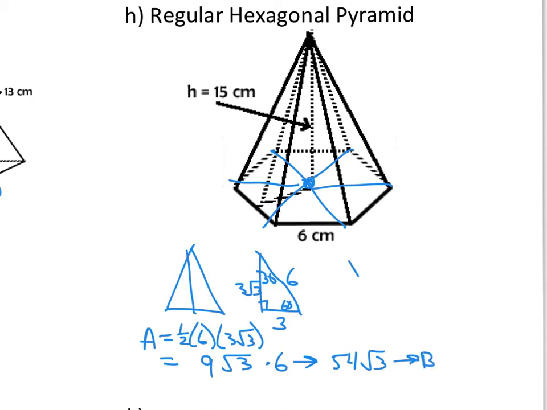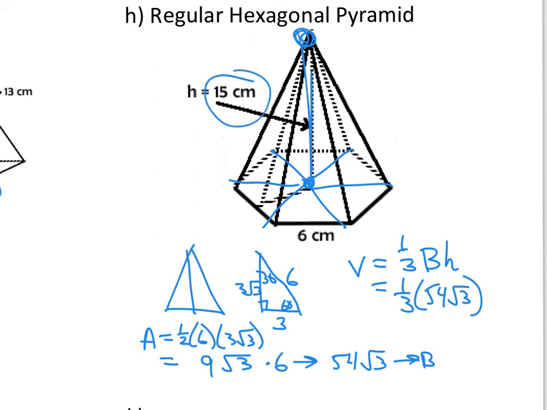Okay, so finding the volume, it comes to a point, so we have 1/3 area of the base times the height. So 1/3 area of the base is 54, carry along that radical 3, times that height we're given, which is 15.